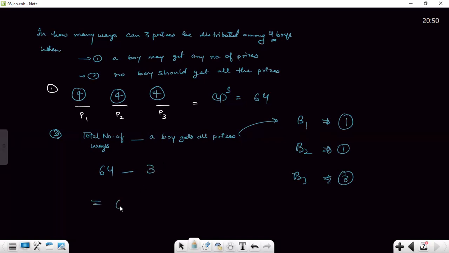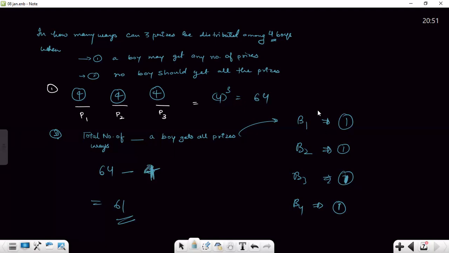So our answer would be 64 minus 3, 61. Again, there are four boys, I'm forgetting. If boy 4 gets it, that's another way. So 64 minus 4 cases. In 4 ways, one person can get all the prizes.